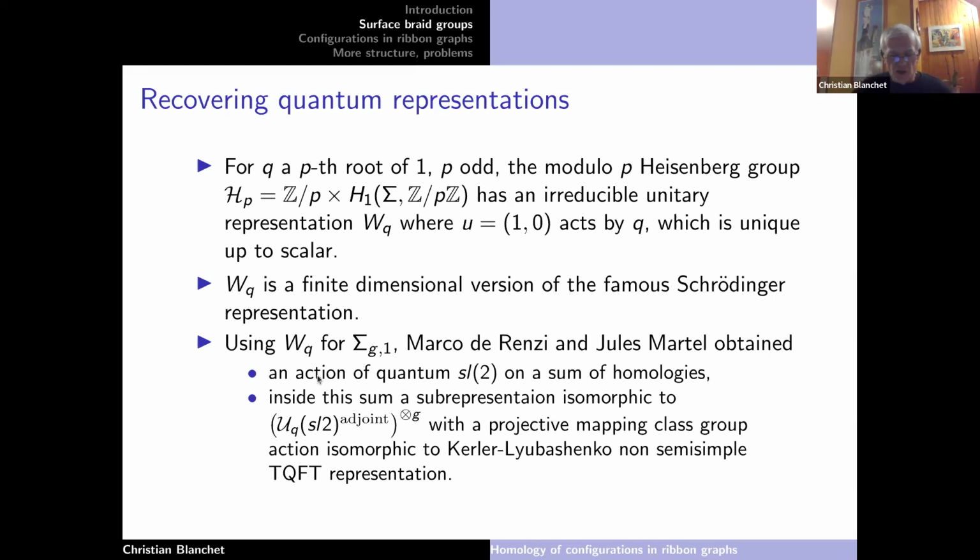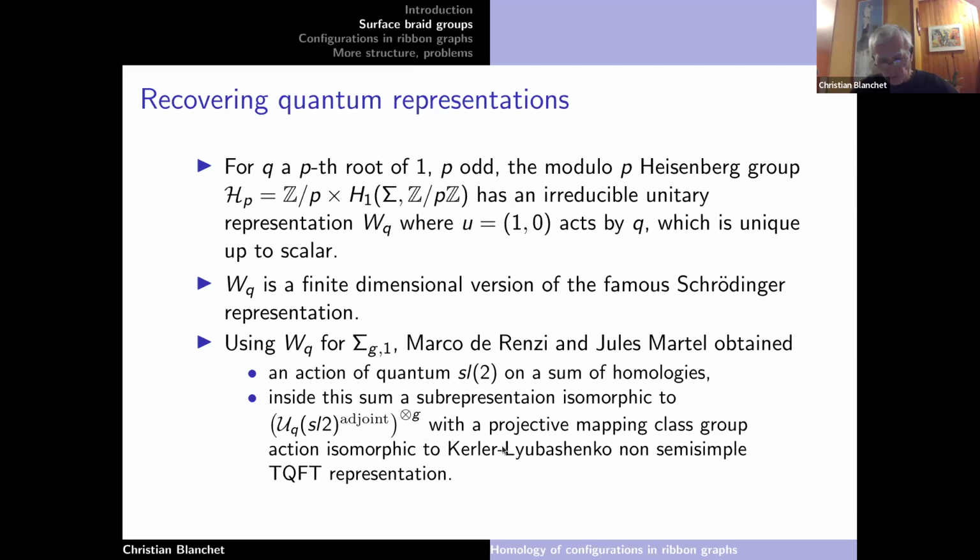And using this representation in the case of a surface of genus g with one boundary component, Marco de Renzi and Jules Martel obtained, one, an action of quantum SL2 on a sum of homologies, and second, inside this sum, a sub-representation isomorphic to the g-th tensor power of the adjoint representation.